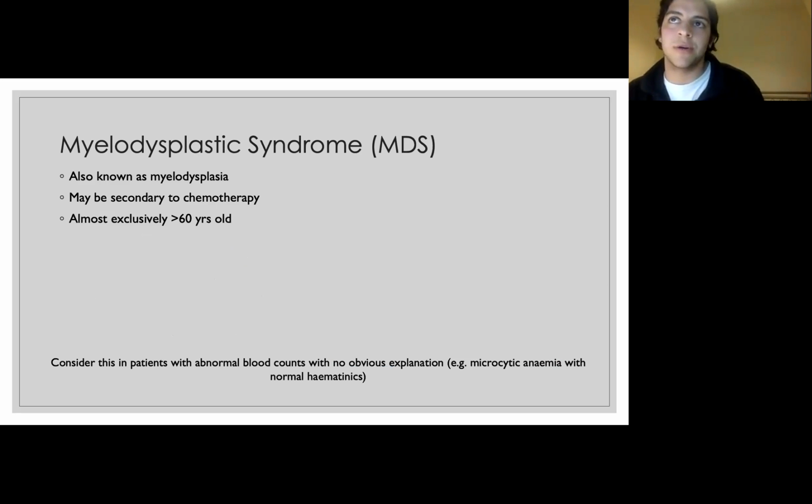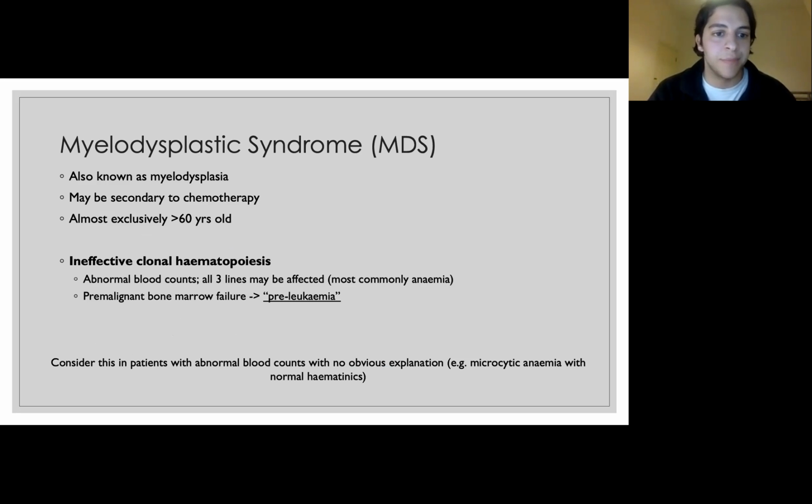I said we'd touch on myelodysplastic syndrome. Quite a scary word, myelodysplastic syndrome. You might be thinking, what is it? It's also known as myelodysplasia. It might be secondary to chemotherapy, and it's almost exclusively in patients over the age of 60. The way to think of myelodysplastic syndrome is essentially a bit like a pre-leukemia.